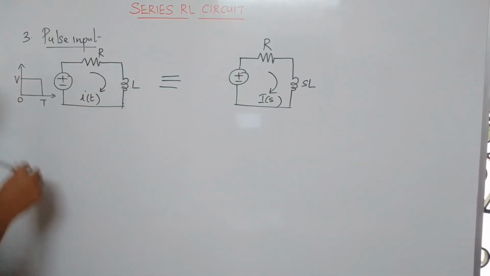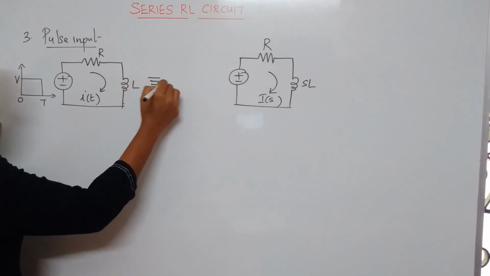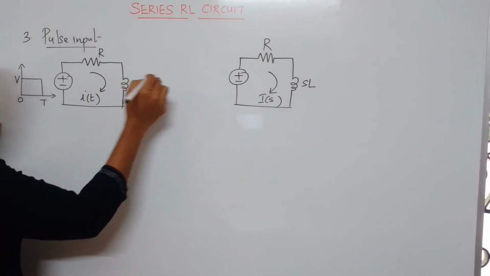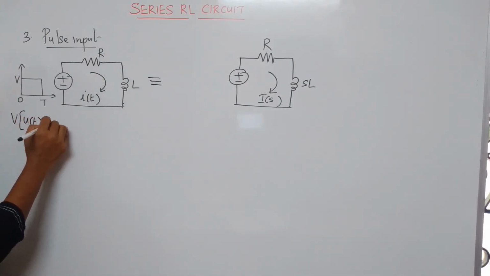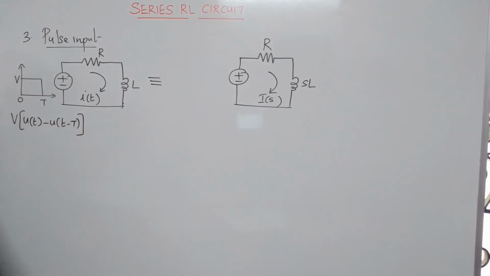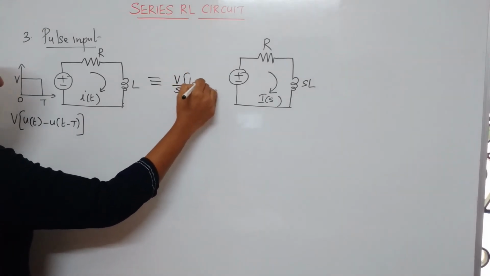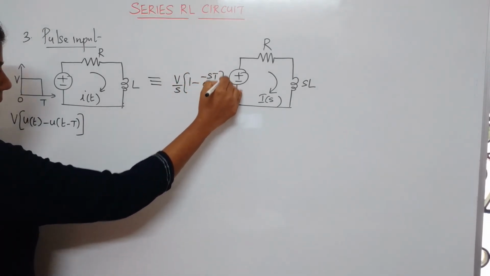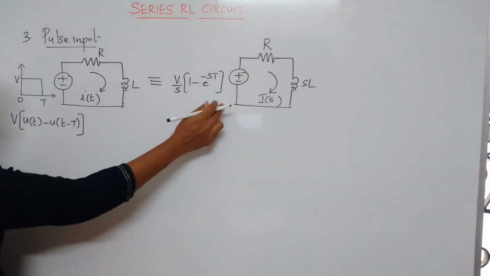Now how can we write this pulse in S domain? The pulse can be written in time domain as V into u of t minus u of t minus T. Correct? So here it will be V by S into 1 minus e raised to minus sT. That is the input. So here we can write the KVL equation.